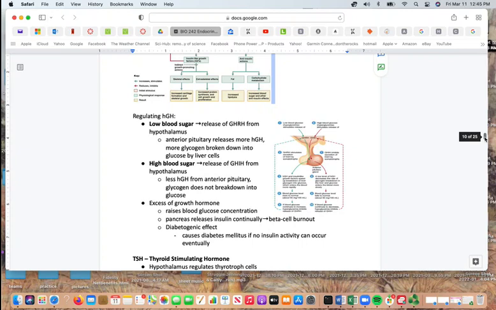So if you're looking at how you can promote maximum growth, say you're doing strength training and you want to maximize muscle growth, then you don't want to follow that with a high glucose meal because that would raise your blood sugar and then have growth hormone inhibiting hormone.